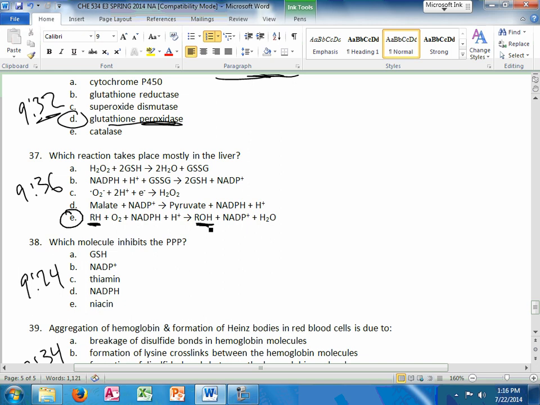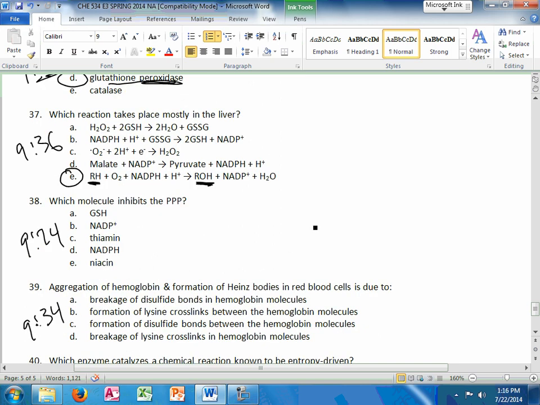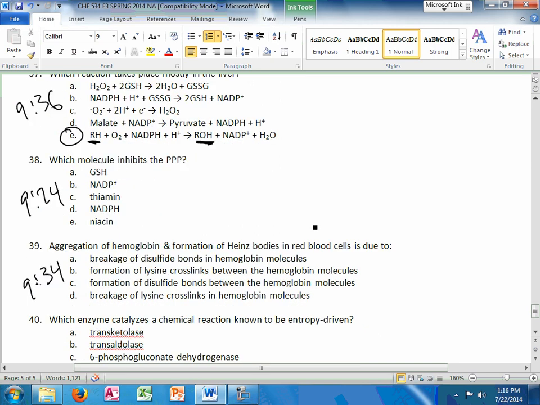Metabolizing these antibiotics, or xenobiotics. Slide 24 has the PPP regulation. Very simple. Inhibiting the PPP is NADPH. That's the main function, or the main reason why the PPP exists. So if you already have it, it's going to inhibit it. If you have a lot of this, that would stimulate it.